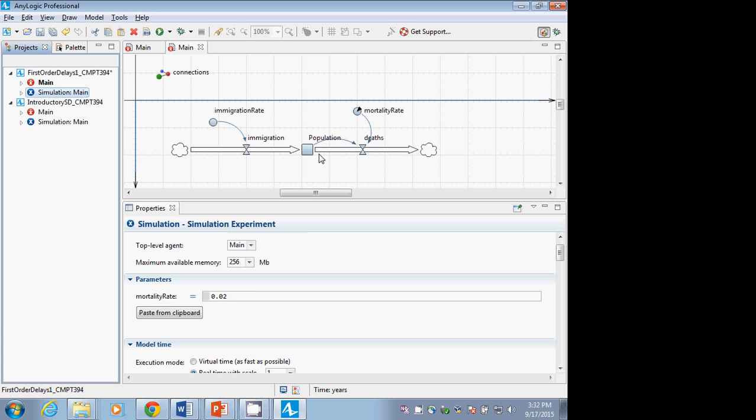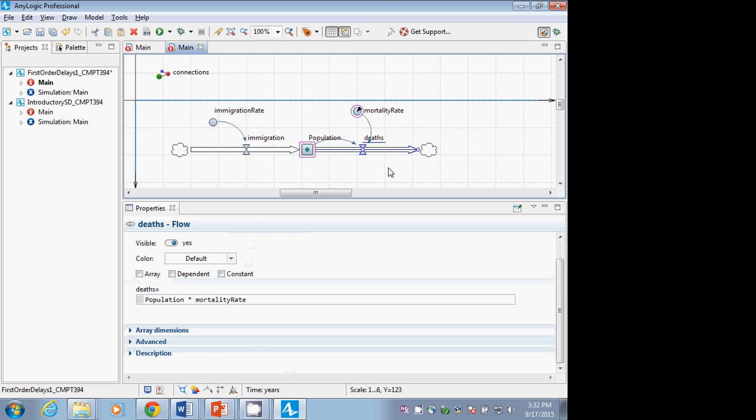What's the formula for deaths? I'll put it up here so you can see it. Okay, that's its formula. So will it be rising or falling? Rising. After all, it started at 0. You can't have negative deaths. Okay, good. So it's rising.